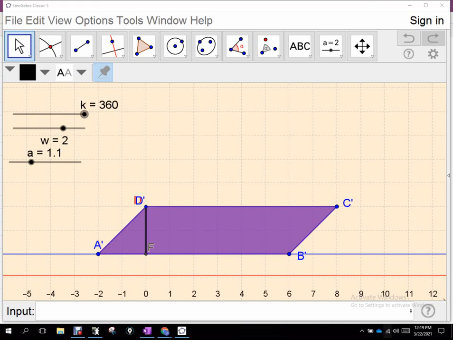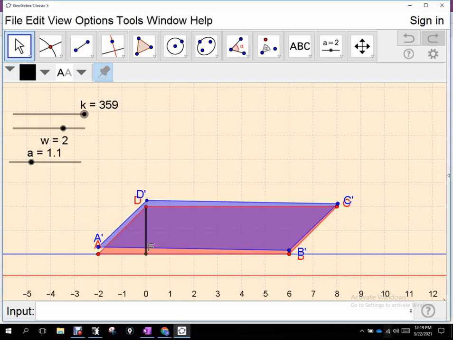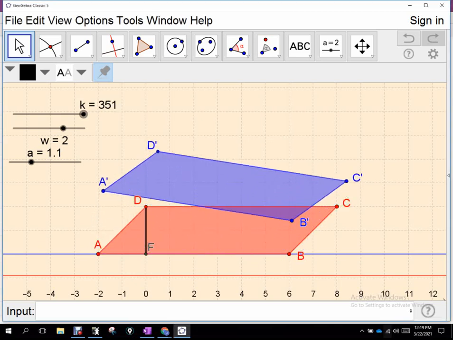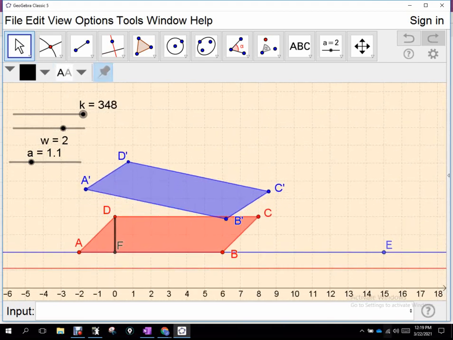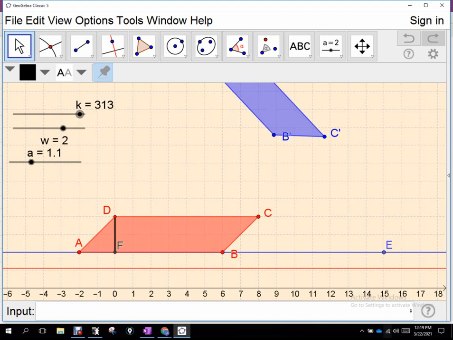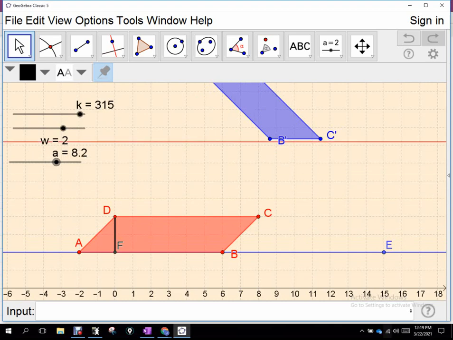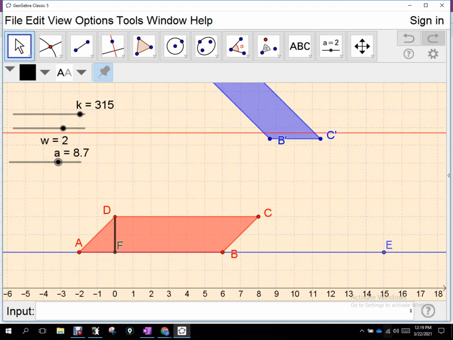Okay, but we can do this. I can take that parallelogram and rotate it to where... now let's see if I can get this to do it right.